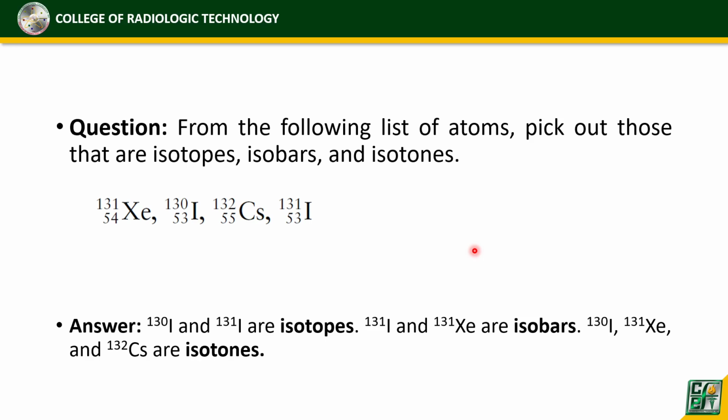Okay? And kulang lang ang sagot ni ma'am doon sa isotone. So, kasama sa isotone si iodine 130. Okay, so iodine 130 and xenon 131 plus cesium 132 ay isotones.